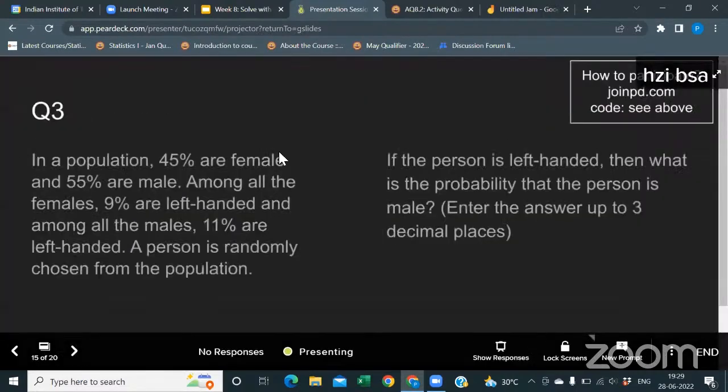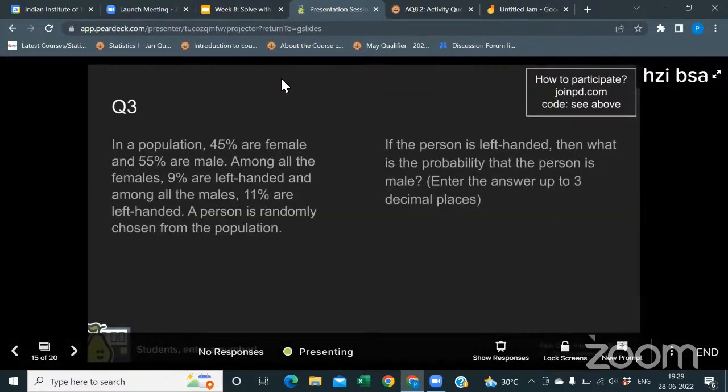Sir, males are 0.55 and left-handed males are 0.11. So I directly subtracted 0.11 from 0.55. Is it possible for right-handed male?